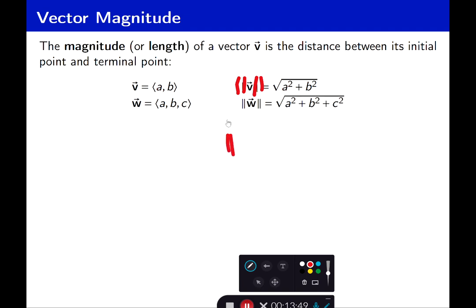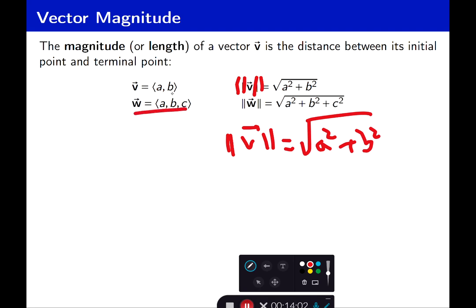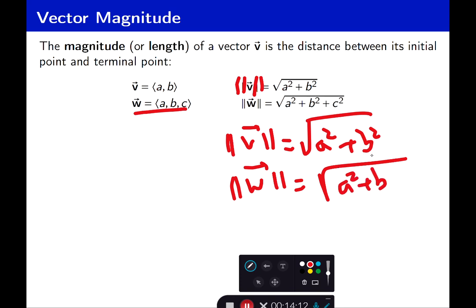The magnitude of v is the square root of the first component to the power 2 plus the second component to the power 2. For w, which is a three-dimensional vector, the magnitude is the square root of the first component to the power 2 plus the second component to the power 2 plus the third component to the power 2.